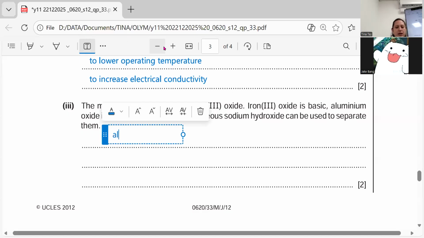Okay? Aluminium oxide will react and dissolve in sodium hydroxide.